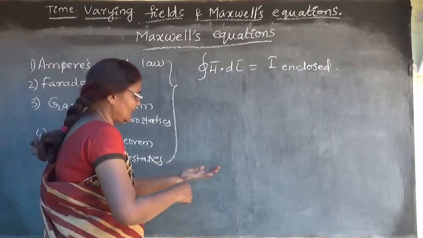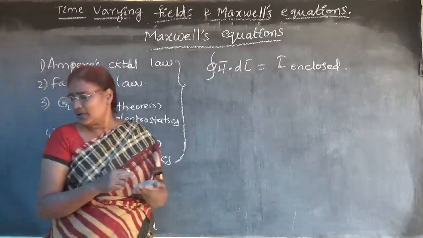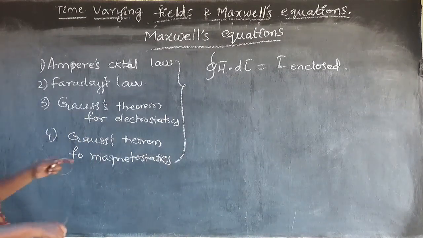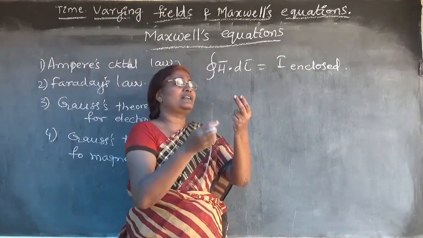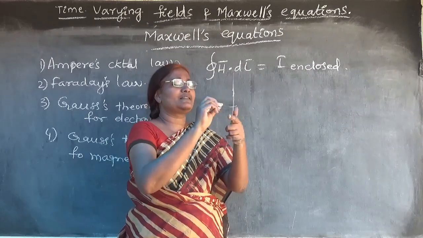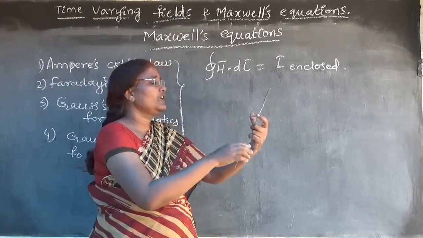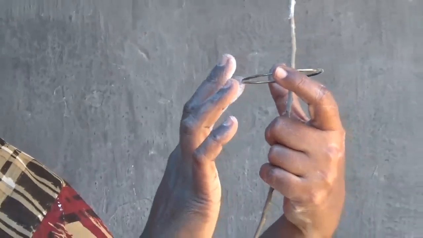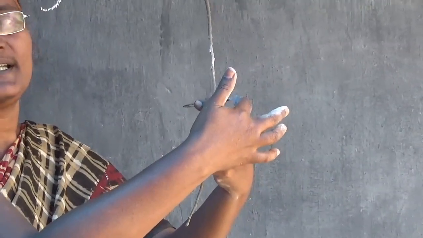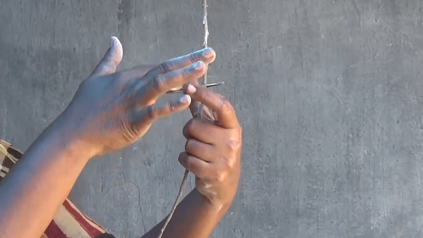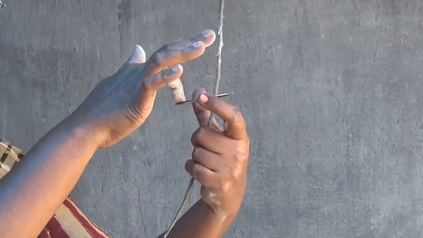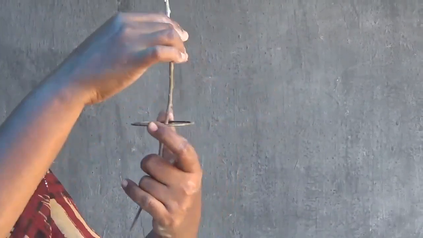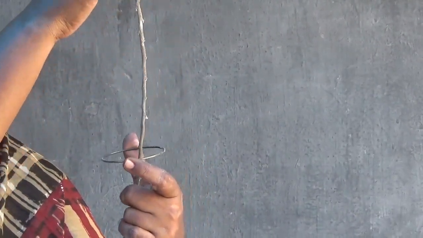I showed this in the previous class: for a closed path around a current carrying conductor, the magnetic field intensity h bar along this closed path is nothing but the current I enclosed, that is the current flowing through this conductor.